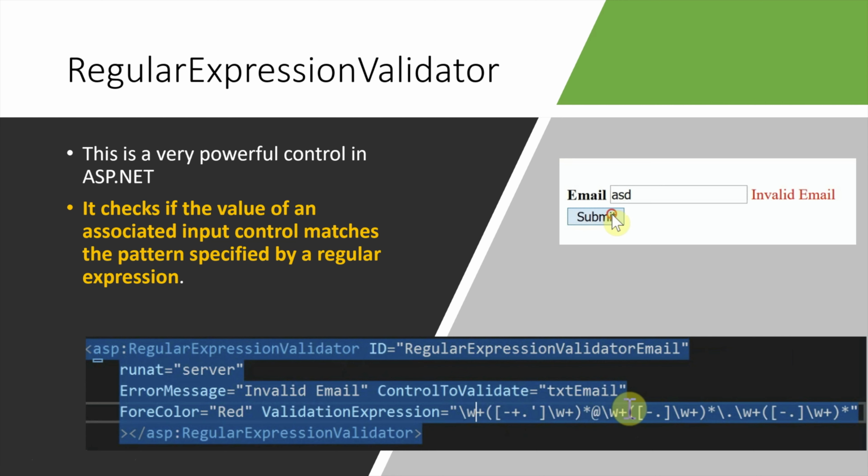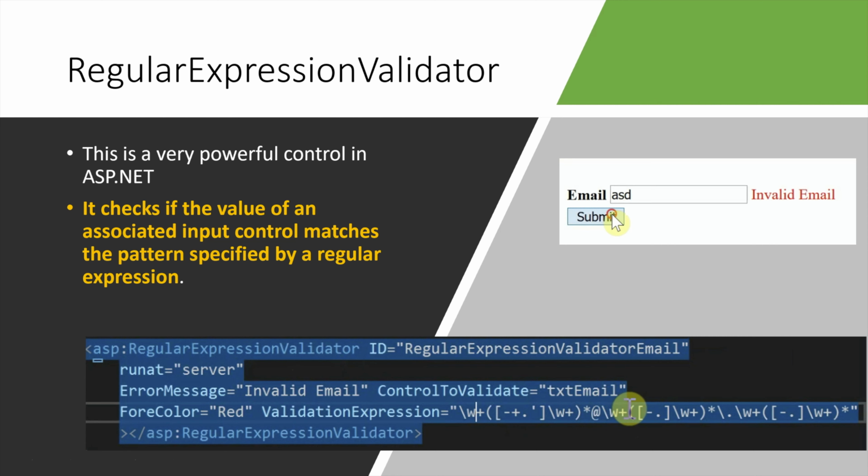After this ControlToValidate attribute, we have another attribute called ForeColor. Now this is an optional attribute. This attribute takes in the value of a color. Now in this case, the color is set to red. Whenever the output text is displayed, it will be displayed in the red color. After this ForeColor, we have ValidationExpression. This is one of the most important attributes in this regular expression validator.